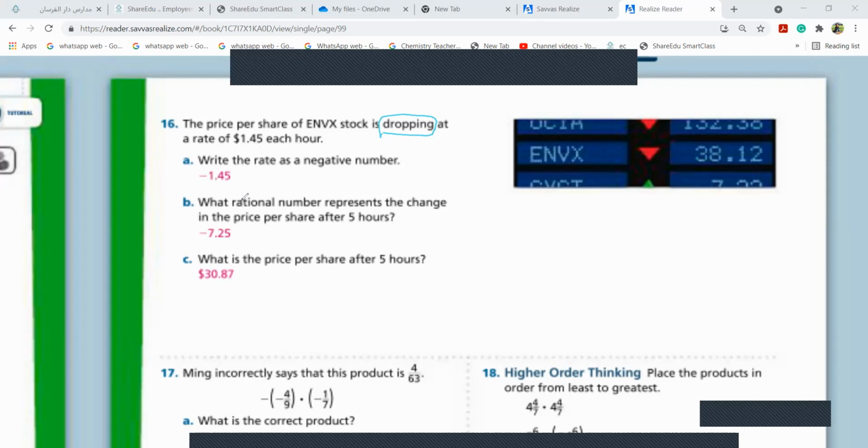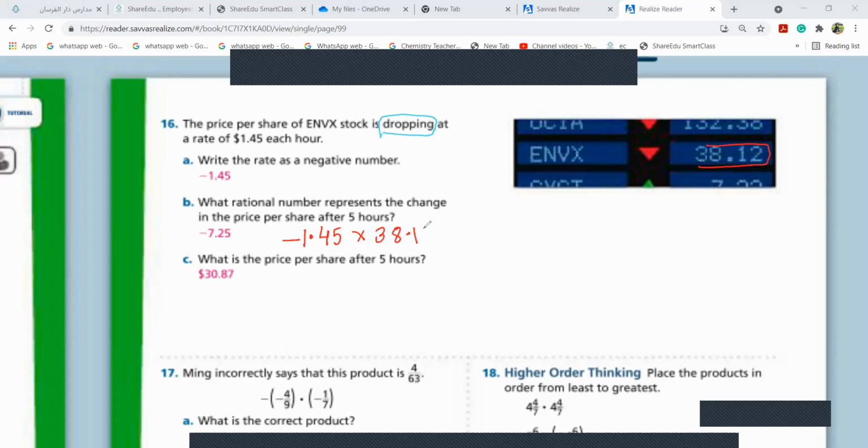And what rational number represents the change in the price per share? Now, how did I get this minus 7.25? You multiply, of course, the rate. This is for 1 hour. But how much did they say here? The rate drop, is it $1.45? No, it's for $38.12.